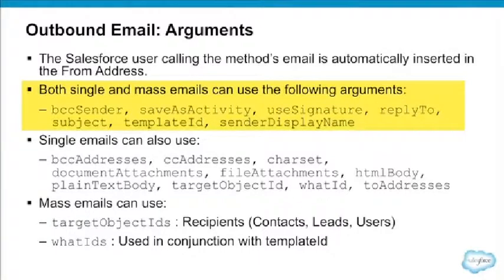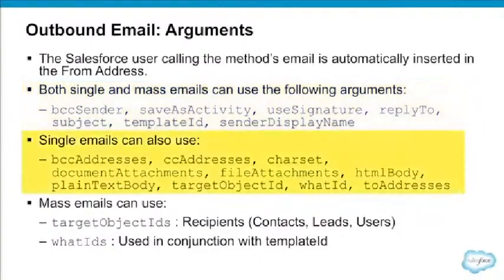Both of them support using email templates to build up the body of the message. Single emails is where we have more flexibility in terms of manually building up the email. Here what we would do is we'd specify our attachments. We could manually create an HTML body or a plain text body.